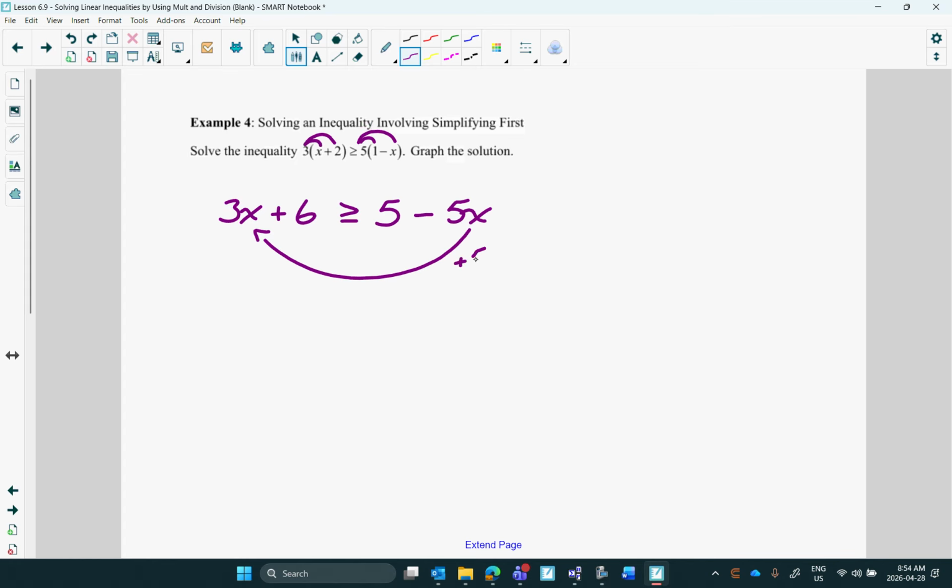Then minus 6 on both sides. 8x greater than or equal to -1.